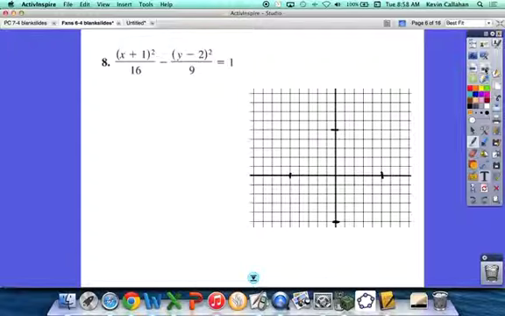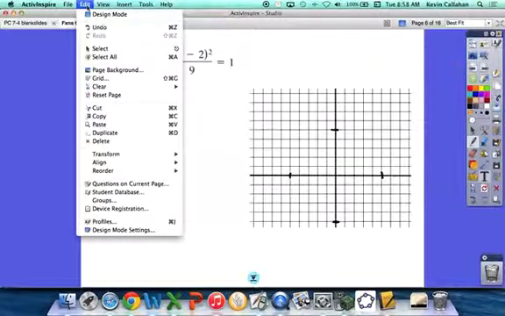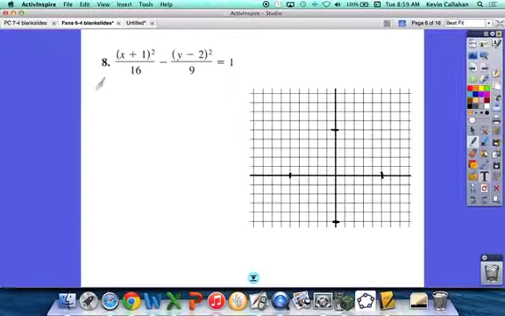So HK is -1, 2. Is this thing horizontal or vertical transverse axis?